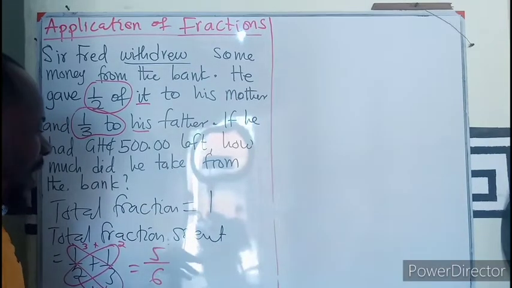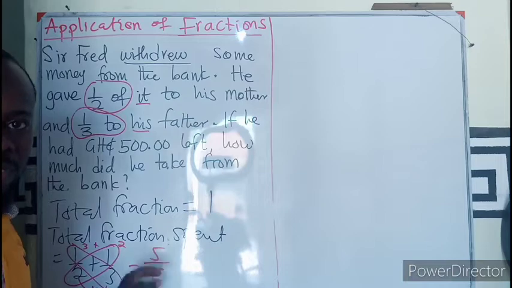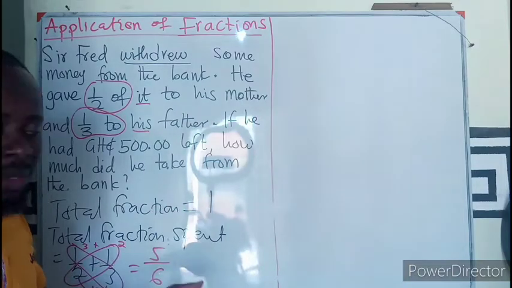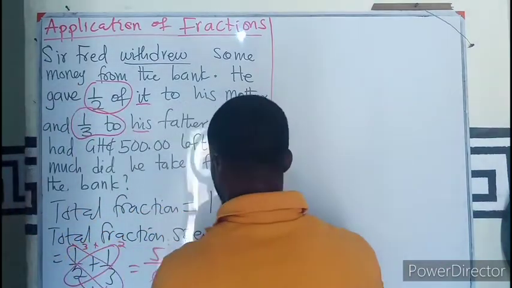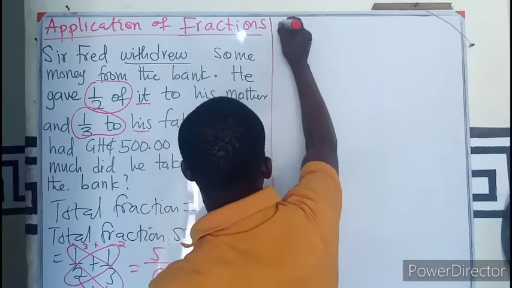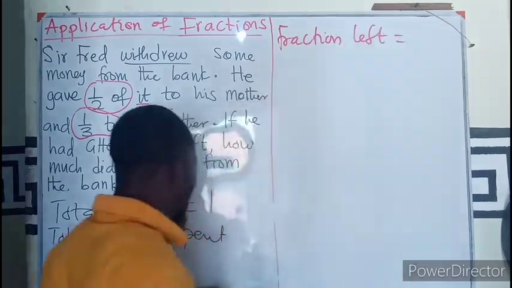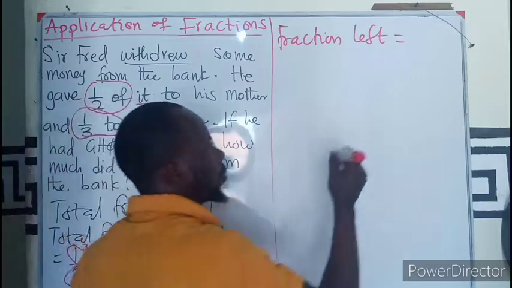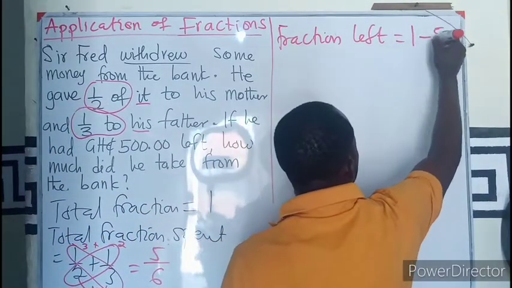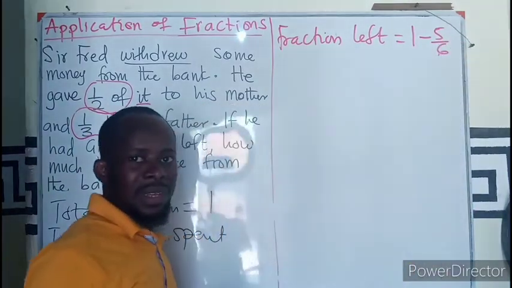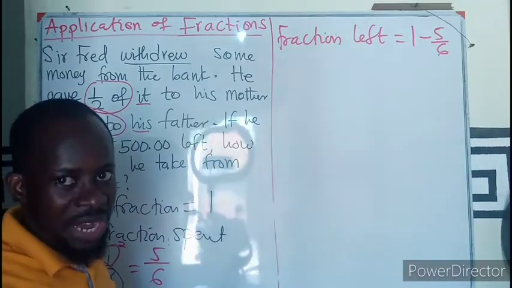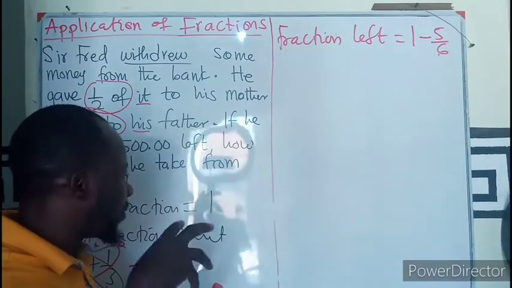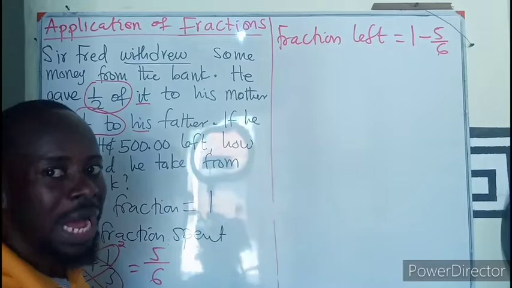Now we need to find, after spending this, how much fraction of the money is left. So we are going to say that fraction left is going to be the total fraction, which is 1 minus 5 over what? 6. To get the remainder of the fraction. 1 is the total, so I'm spending 5 over 6 out of total.